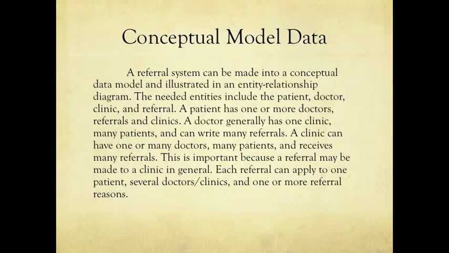They also send referrals. This is important because a referral can be made to a clinic in general. Each referral can apply to one patient, several doctors and clinics, and one or more referral reasons. And that will be shown separately in my Access report.